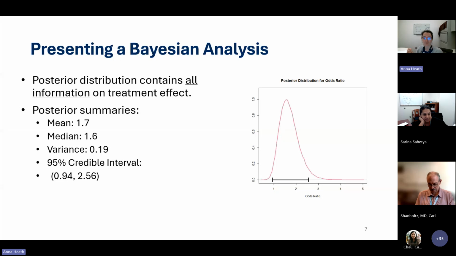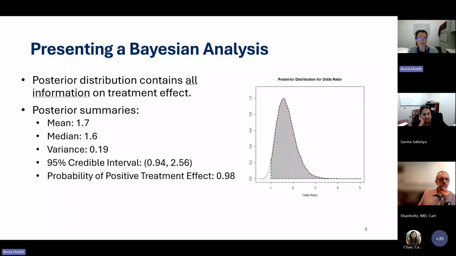And I think in a lot of ways, this is where the Bayesian analysis actually allows us to say what clinically often people really want to say, which is what is the probability that my treatment effect is bigger than 1? There's a 95% probability that my treatment effect is between these two values. And that's exactly what you can say in a Bayesian analysis. And I think that's why it's very powerful as a communication tool.